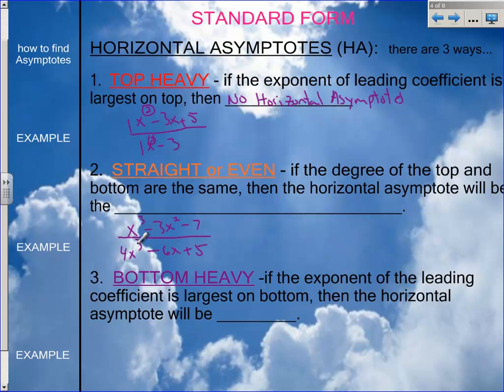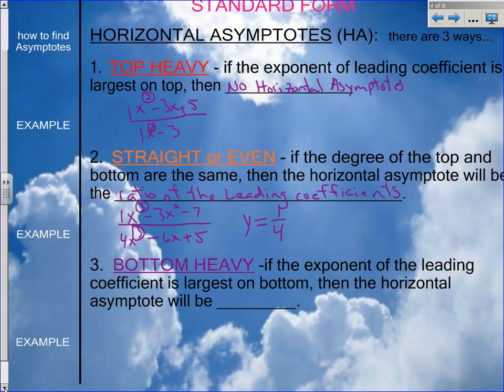If the degree of the bottom and the degree of the top match, then there will be a horizontal asymptote, and it will be at the ratio of the leading coefficients. So we are going to have a horizontal boundary here, and it will be at the ratio of the leading coefficients. The leading coefficients are 1 and 4, so this will have a horizontal asymptote at y equals 1/4.